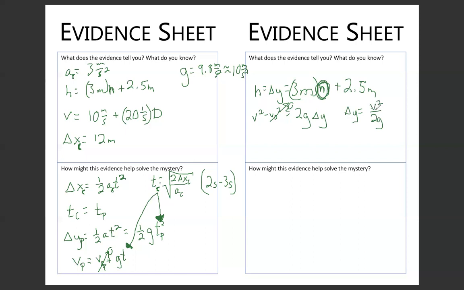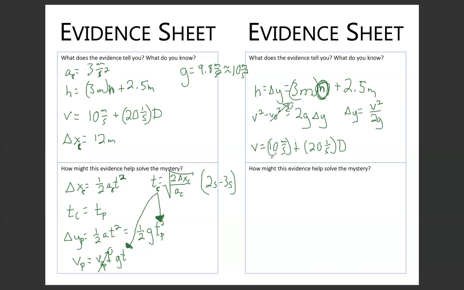And do we know this v? Well, we can figure out that v from this equation as well. So v equals 10 meters a second plus 20 inverse seconds times the diameter of the debris field. And that was given to you in one of the other clues. So you could figure out, does the debris field match up to a certain speed, and does that speed go with this height or with that time, right?